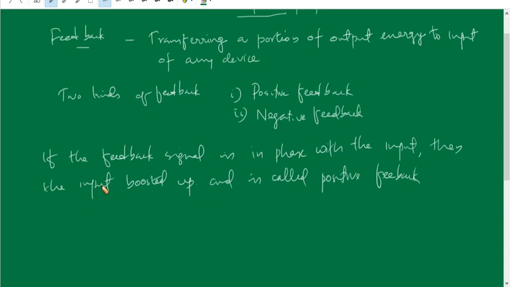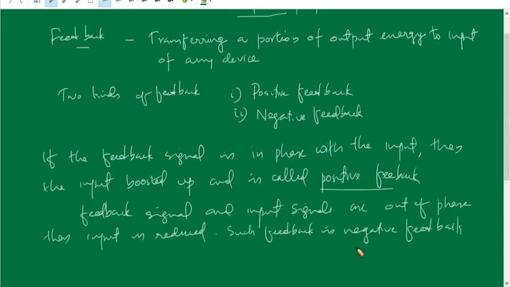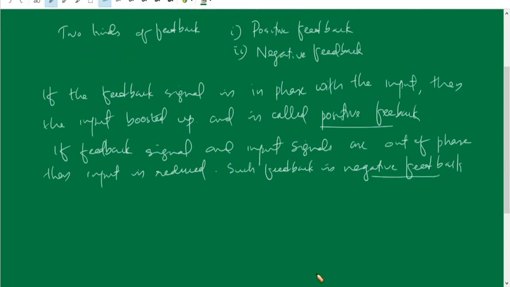In negative feedback, if the feedback signal and the input signal are out of phase, then the input is reduced, so such feedback is called negative feedback. So it may be positive or negative.